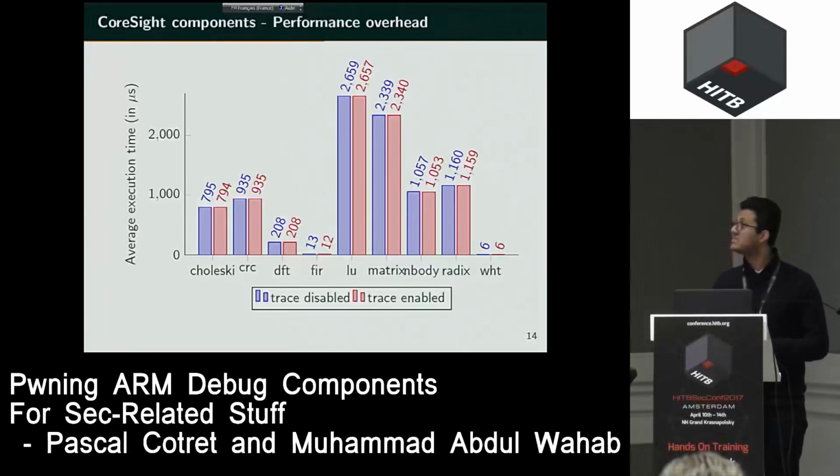Another advantage of these CoreSight components is that the performance overhead is negligible, for two reasons. First of all, the configuration of CoreSight components that we used: we are using the TPIU component that sends the trace towards the FPGA. If we use the on-chip buffer, we can have an overhead.